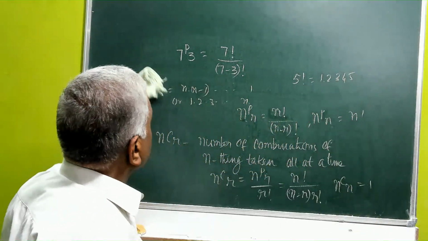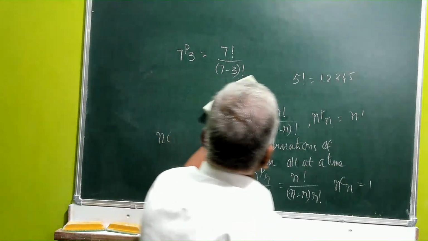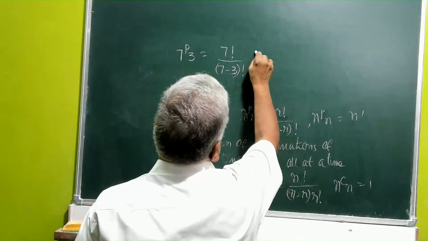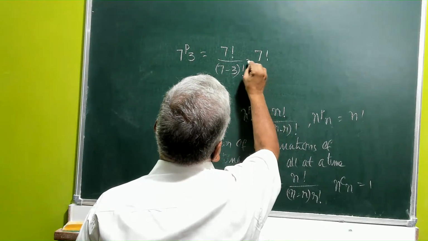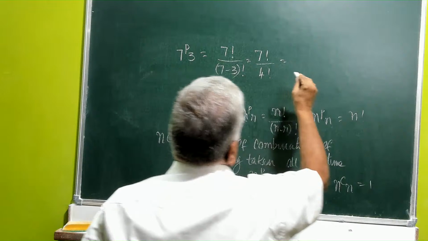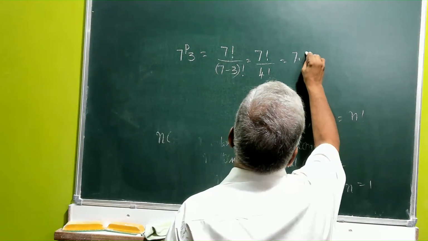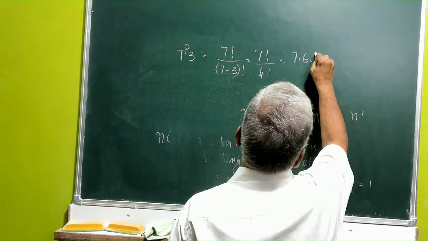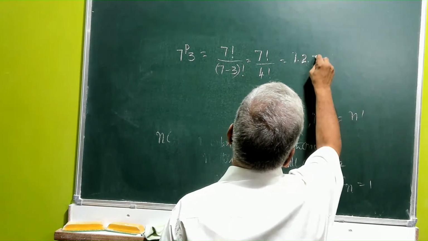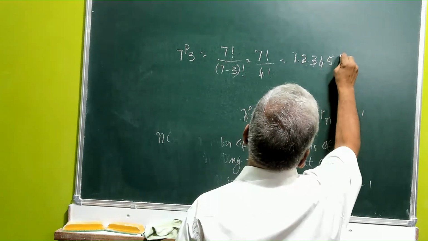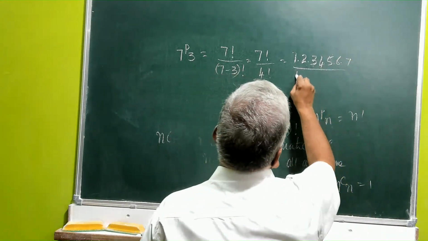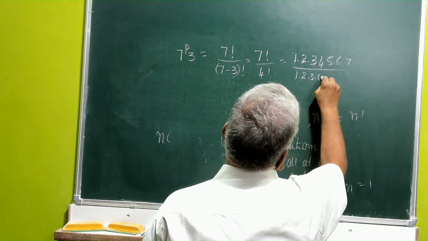So here, let us simplify this. This is the nPr. Factorial 7 by factorial 4. What is factorial 7? 7 into 6 into 5 into, or you can even write as 1 into 2 into 3 into 4 into 5 into 6 into 7, divided by factorial 4, which is 1 into 2 into 3 into 4.